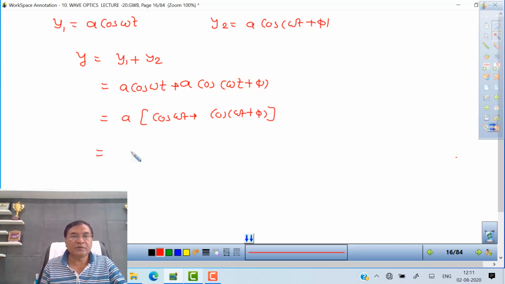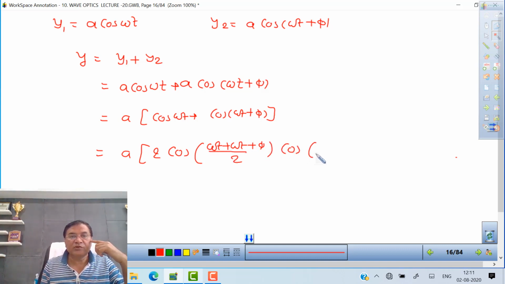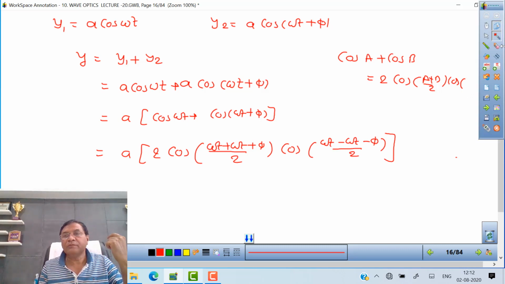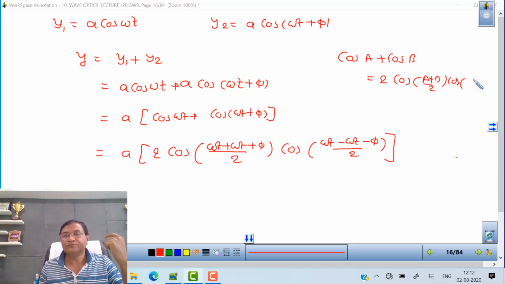We have one formula: cos a plus cos b is equal to 2 cos((a plus b)/2) into cos((a minus b)/2).